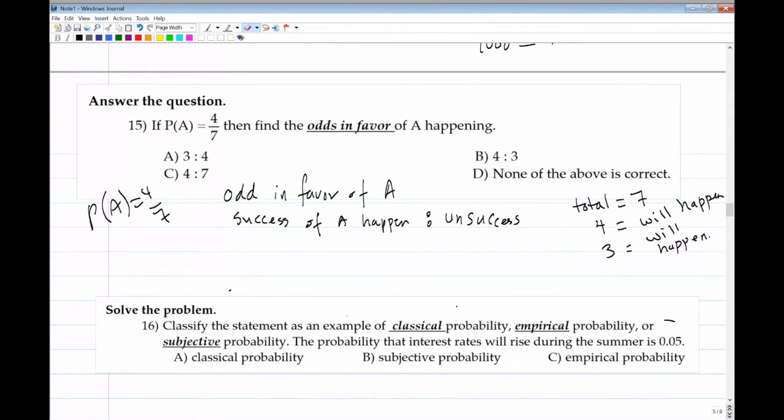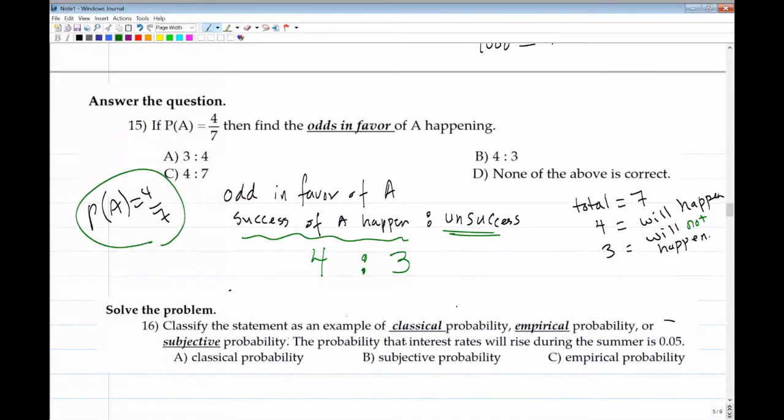Maybe we should put it in color, not happen. So when they ask odds in favor of A, the success of A, how many are there? There are 4 that will happen. Therefore, the unsuccessful will be 3. So be careful. This is what it means for the probability 4 to 7, or actually the odds in favor of A, 4 to 3. The total number right here will equal the number in the denominator, which is 7: 4 plus 3, which is 7.